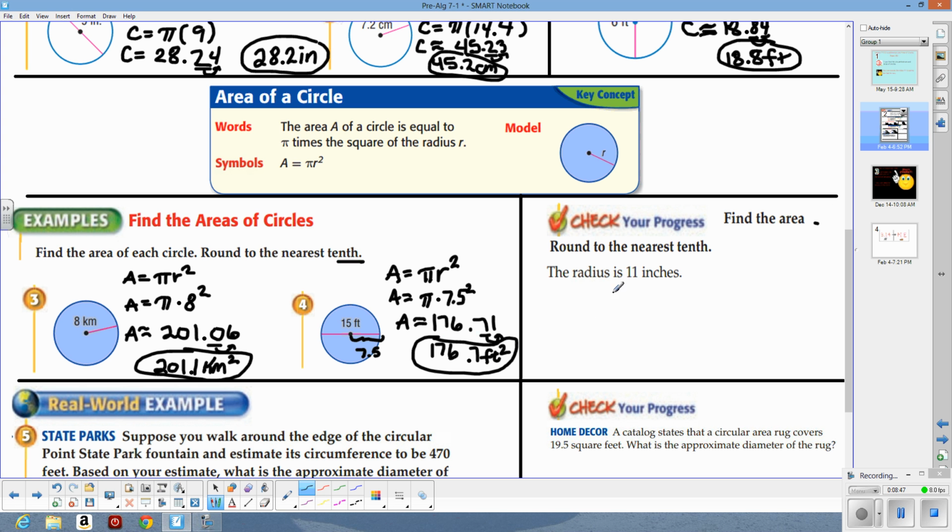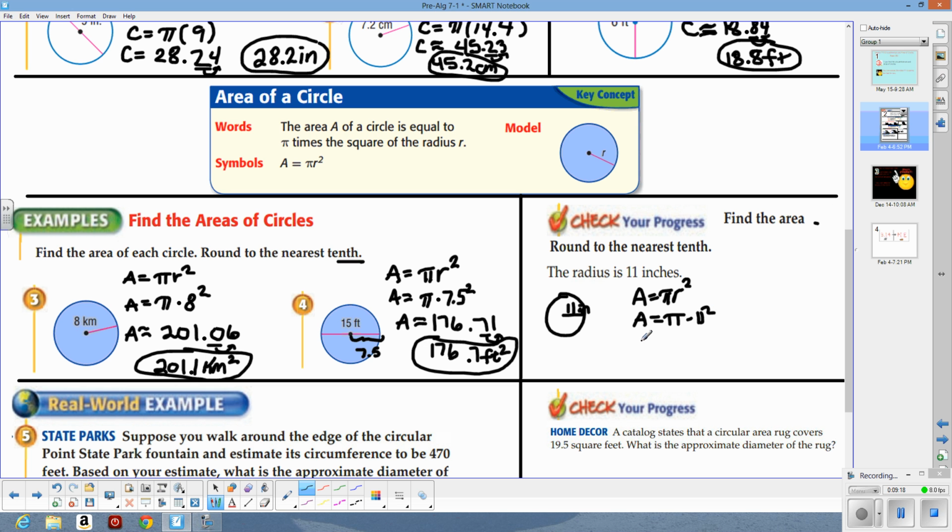Now you may want to pause the video and try the next one on your own. It says to find the area and round to the nearest tenth. The radius is 11 inches, so it might be helpful to draw yourself a picture. This is 11 inches. And then you would write down the formula. Area equals pi r squared, or area equals pi times 11 squared.